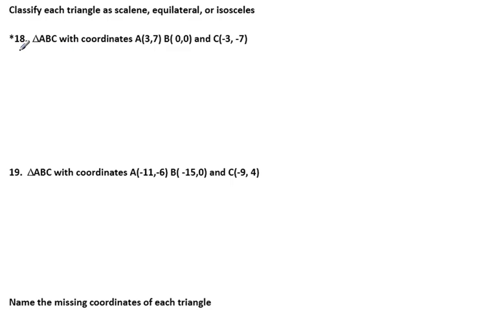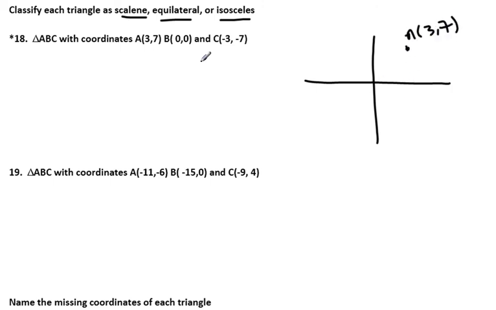Okay, number 18, it says classify each triangle as scalene, equilateral, or isosceles. So I have triangle ABC on a coordinate plane, A is at 3, 7, B is at 0, 0, C is at -3, -7. This is going to be an obtuse triangle for sure.